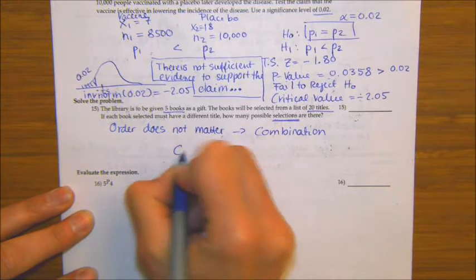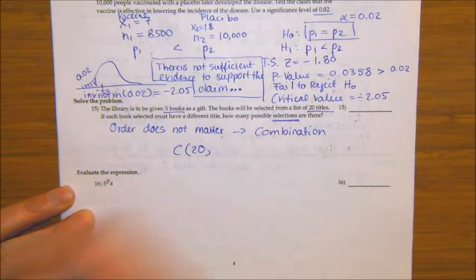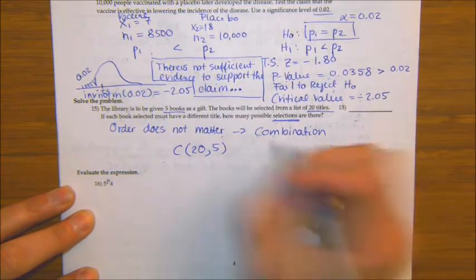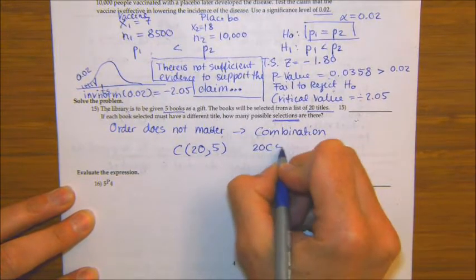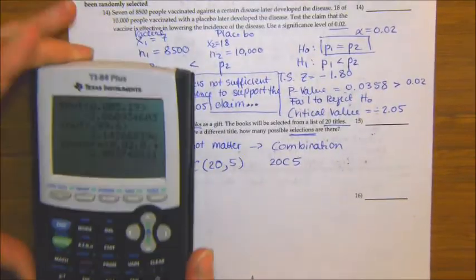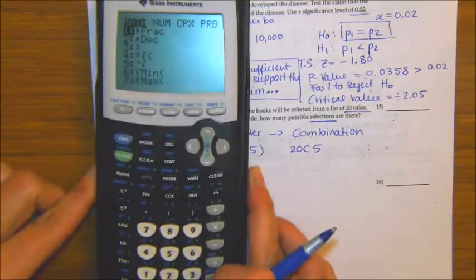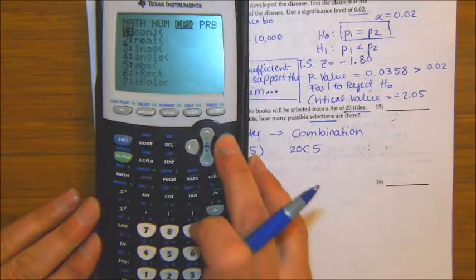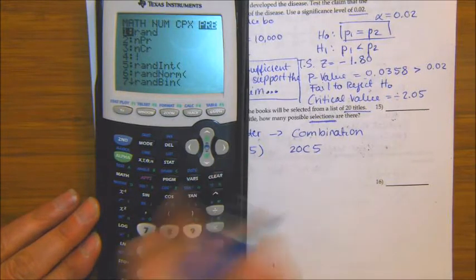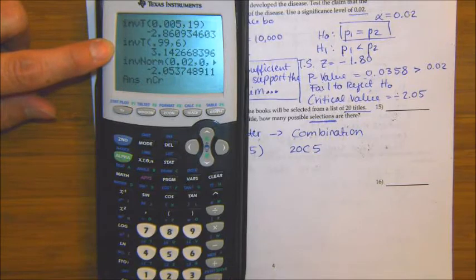So it's the combination. We have 20 items to choose from, and we're picking 5. And sometimes you see it like this, 20 choose 5. The way we get to our combination and also the permutation is by clicking on the math button over here. Then you arrow over to probability, and then you go down to the nCr, which is the combination.